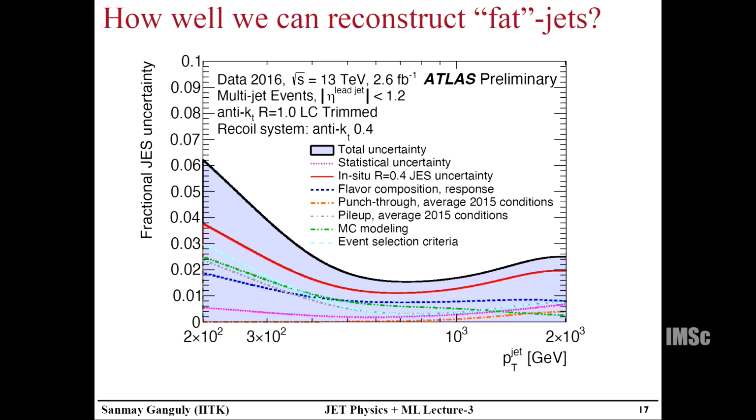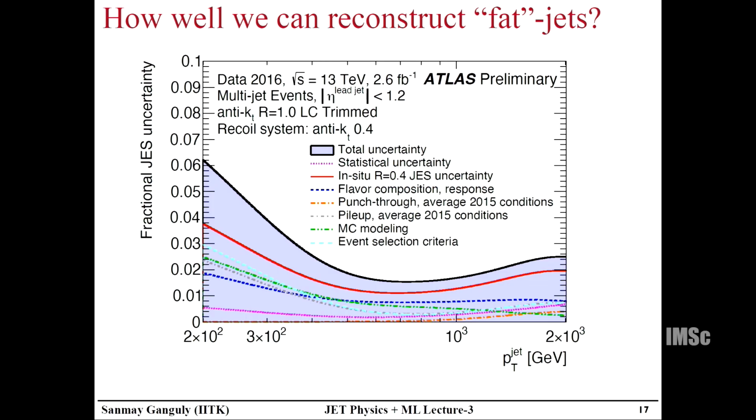What does this mean? This plot says that over a wide range of 200 GeV to 2 TeV, if we reconstruct a large radius jet with any value of the PT, then we know the jet four-momentum within an uncertainty of this much.